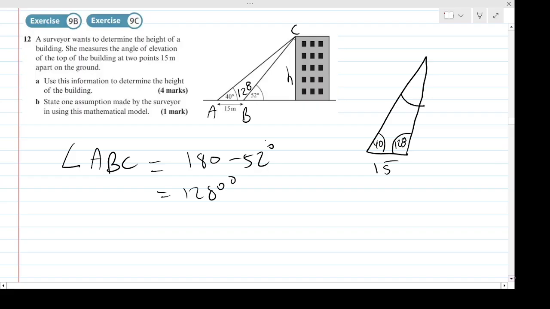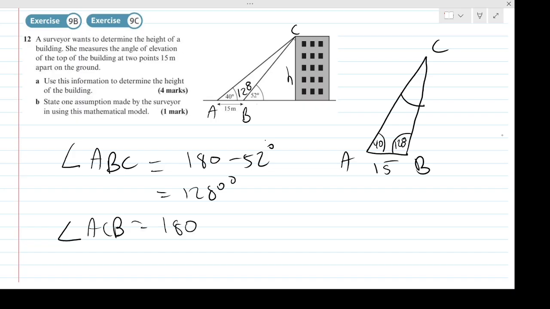The third one has to add up to 180. So if this is points A, B, and C, then the angle at C, ACB, is going to be 180 take away the other two, so 128 take away 40.